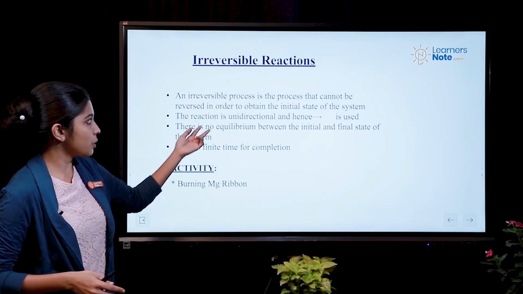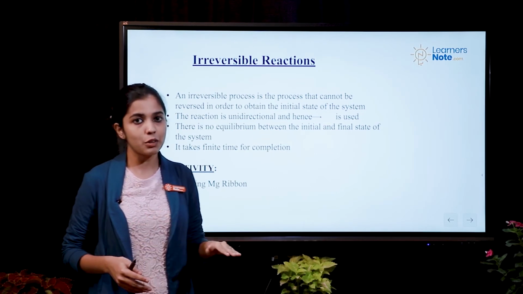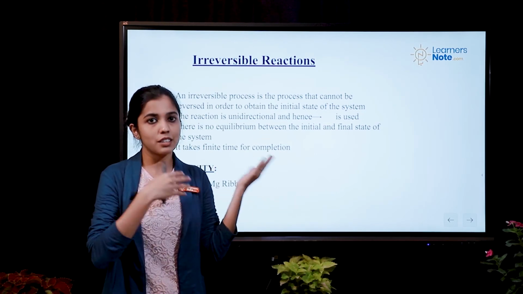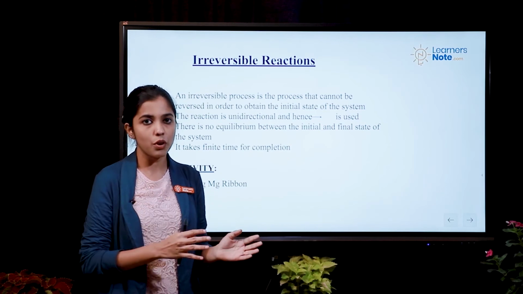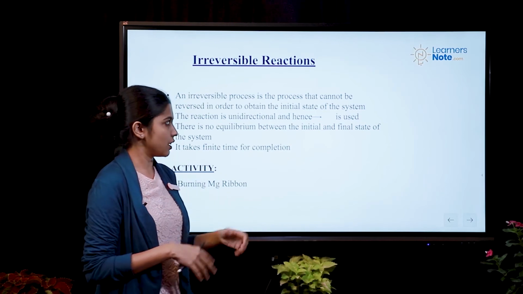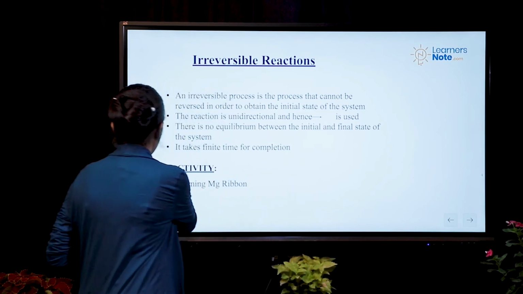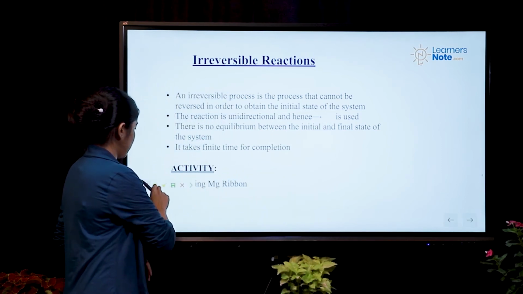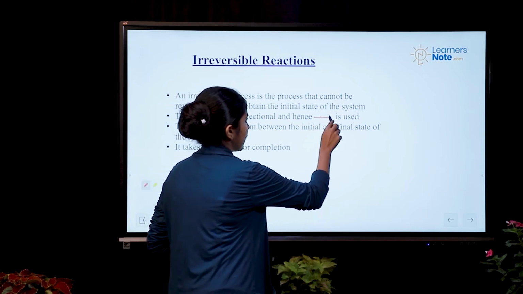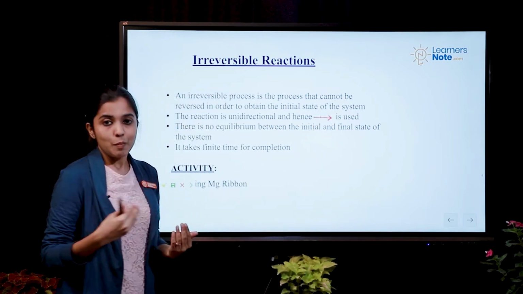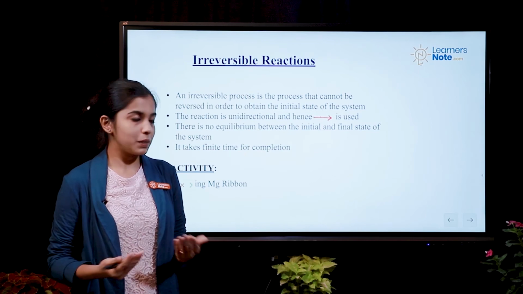And then you have irreversible reaction. Here you do not have an equilibrium because once your reactants are treated, you get the products. There is no going back from product to reactant. So that is why we use a single-headed arrow here to represent an irreversible reaction.